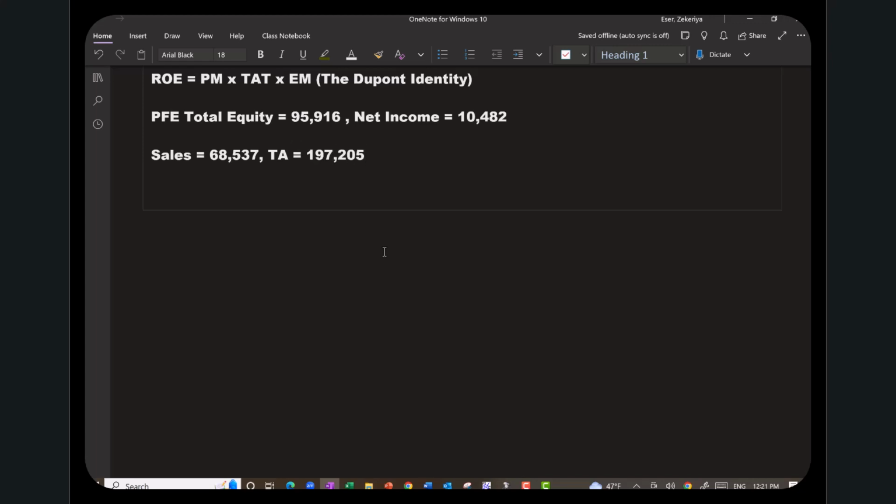So let's calculate PM. I'm going to multiply it with 100 so that I can get it as a percent. Net income 10,482 divided by total equity 95,916. So that's 10.92%. It's not exceptionally high, but it is not uncommon for companies that need a lot of capital.